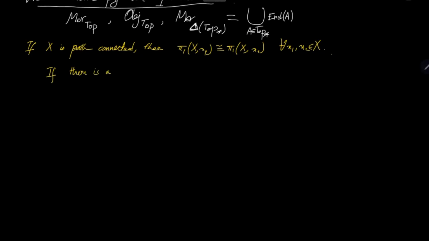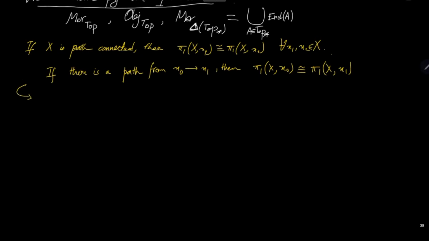If there is a path from x0 to x1, then pi 1 of (X, x0) is isomorphic to pi 1 of (X, x1).